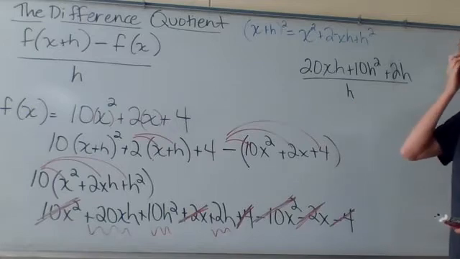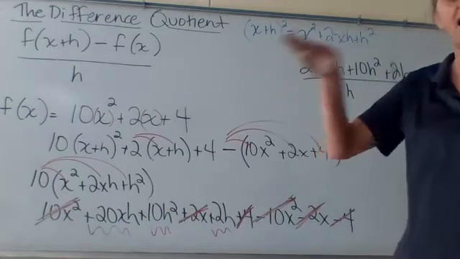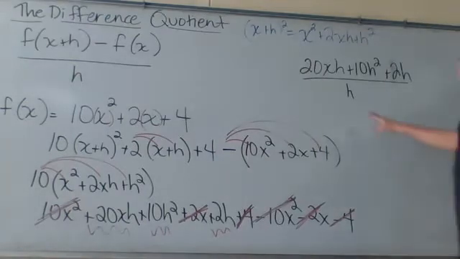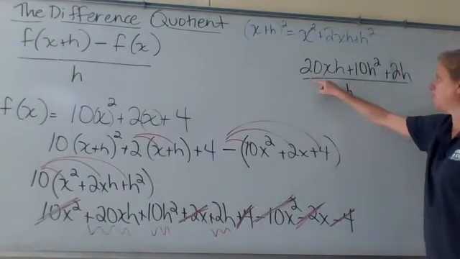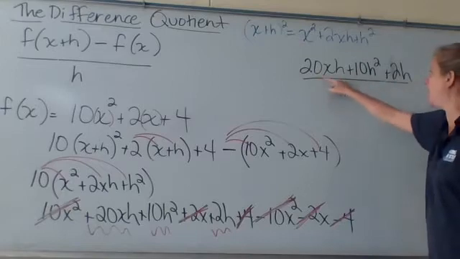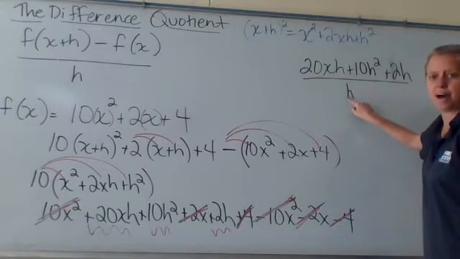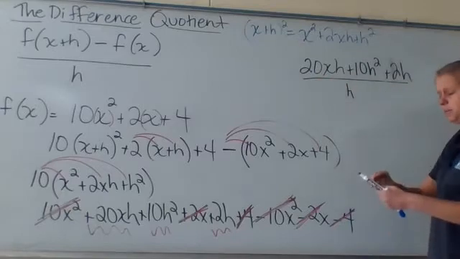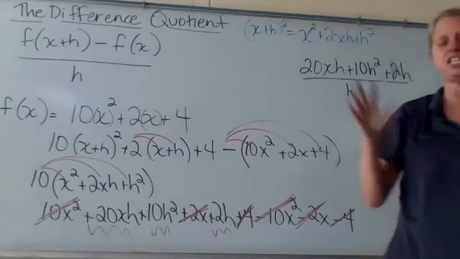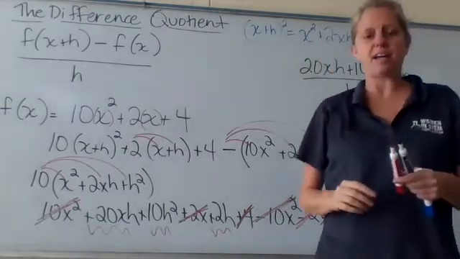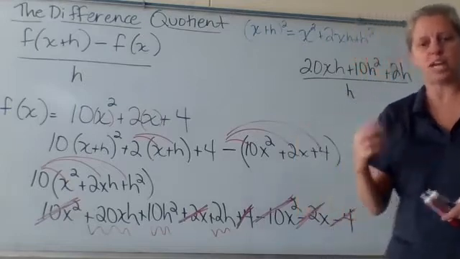Your denominator is an h, which means I want to divide the whole numerator by h. That's what the fraction bar means. It means divide everything in the top by h. So let's see what that gives me. If you're dividing by h, every term is going to lose an h.